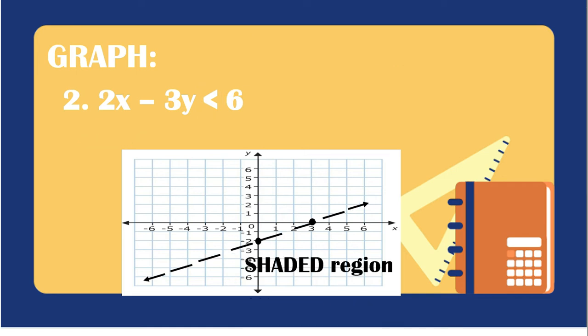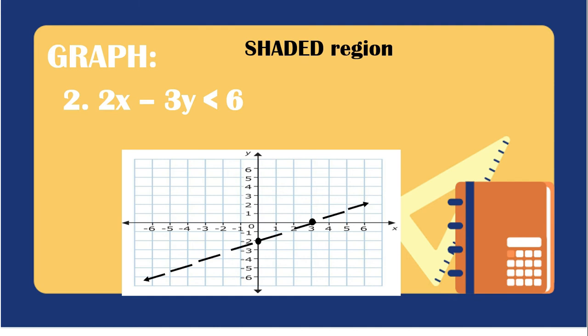And then the last step, we need to identify the shaded region. In order for you to identify the shaded region, make the left side of the inequality 0, and then copy less than 6. Then identify if the statement is true or false. So is 0 less than 6?